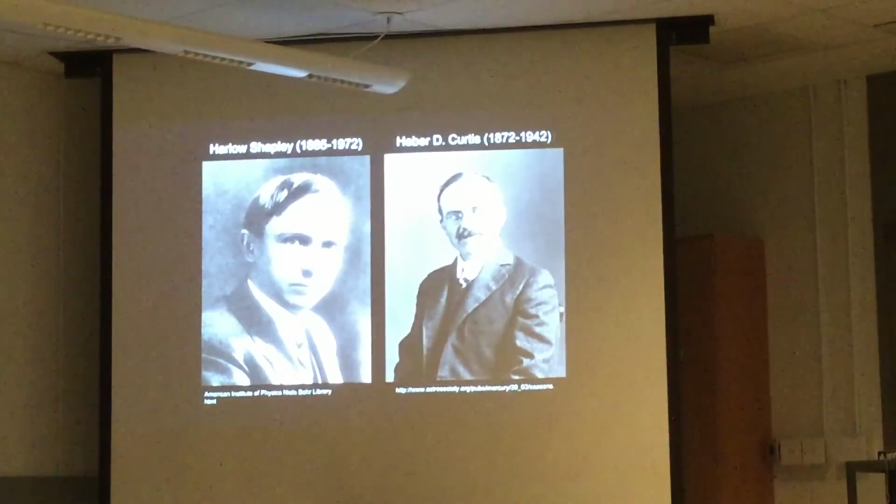I've never seen it presented this way, but it seems to me that there would be a psychological reason for Harlow Shapley wanting there to be just one galaxy. Remember, he's the person who used the globular clusters to determine the distance to the center of the galaxy, and thus to measure the size of our galaxy.